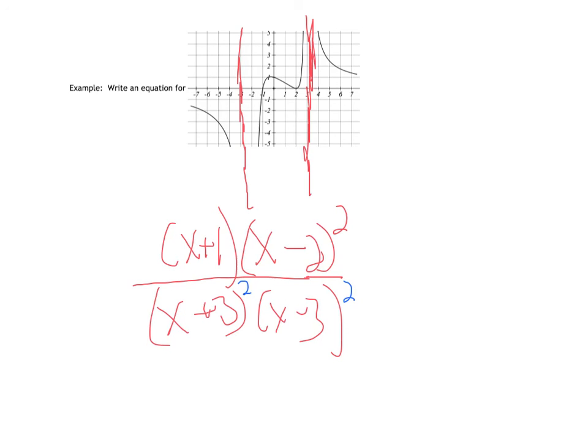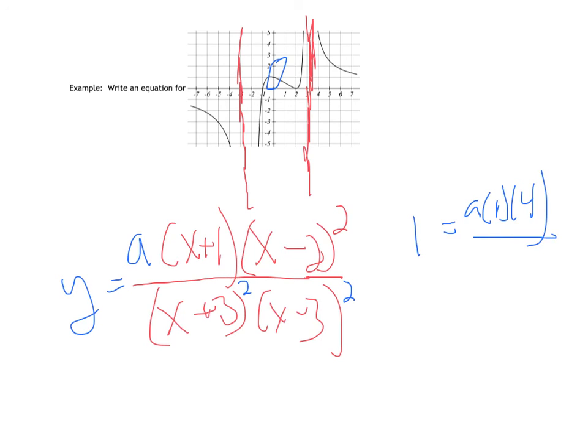I guess the only thing I haven't used is the y-intercept at (0, 1). So 1 equals a times 1 times 4, because -2 squared is 4, all over 3 squared is 9, and there's 2 of them.